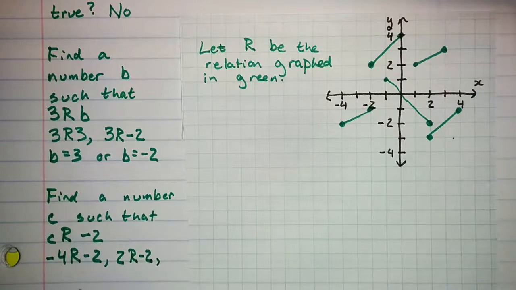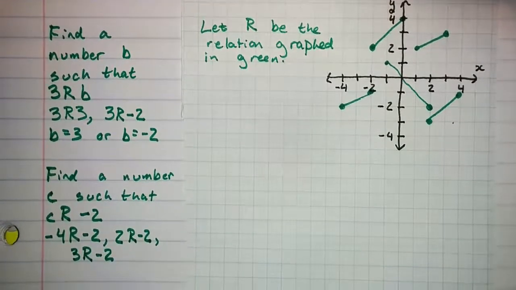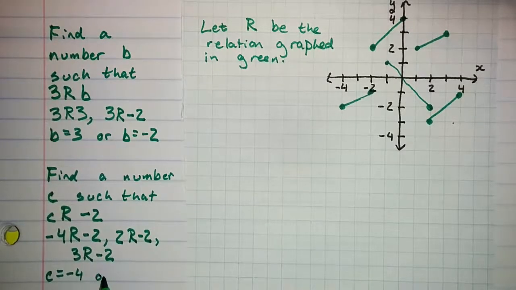And 3 is related to -2. So that gives us 3 possible values for c. There, c equals -4, or c equals 2, or c equals 3.